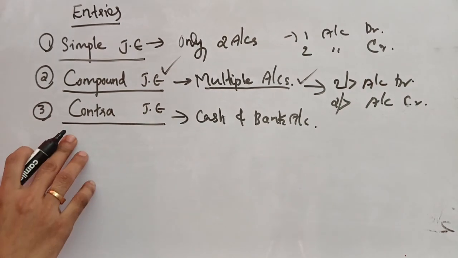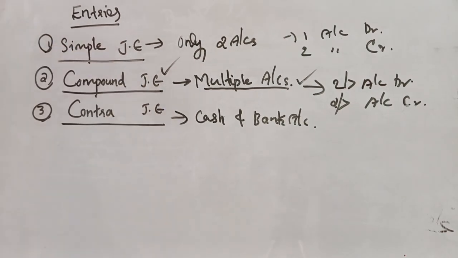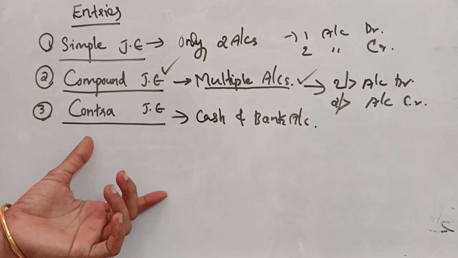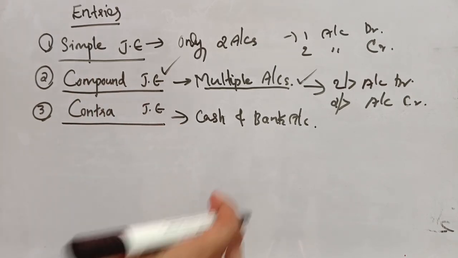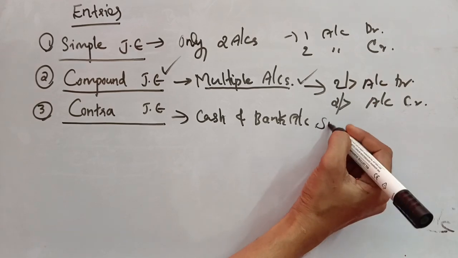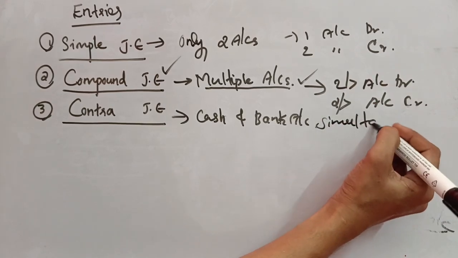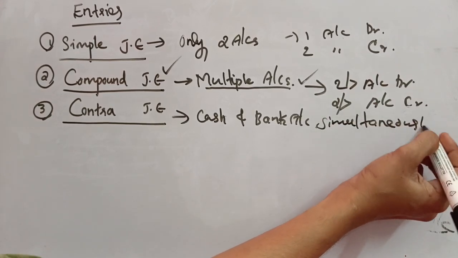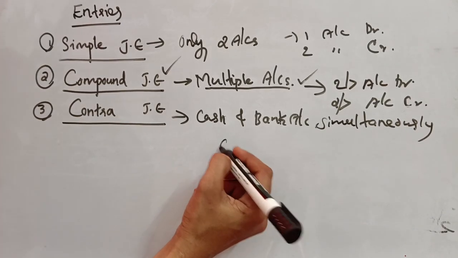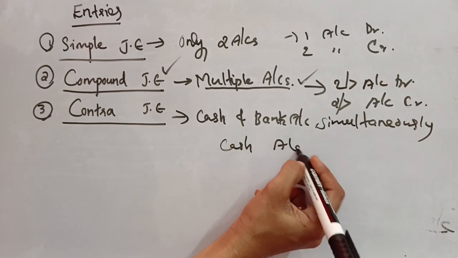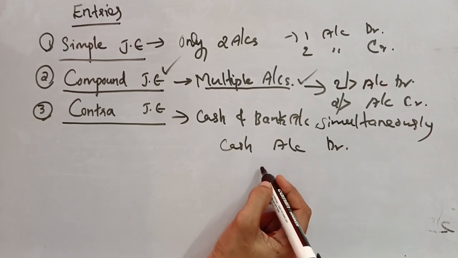Now let's discuss what a contra journal entry is. Contra journal entries are those entries which involve cash and bank accounts simultaneously. That is, if we are debiting the cash account, then we are crediting the bank account.